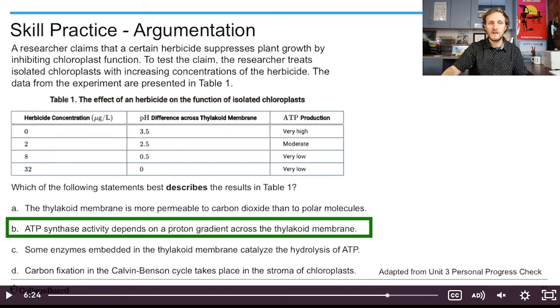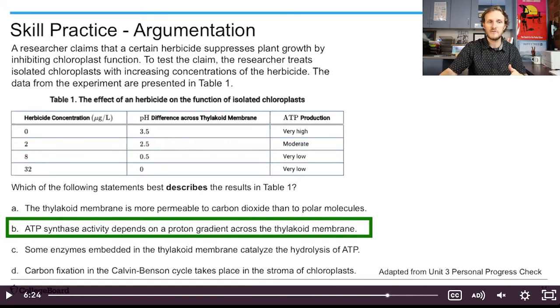If we're not using any herbicide, the plant is healthy, and the chloroplast function is going perfectly. There's a pretty high pH difference, a 3.5 pH difference across the thylakoid membrane, and we're producing very high amounts of ATP.